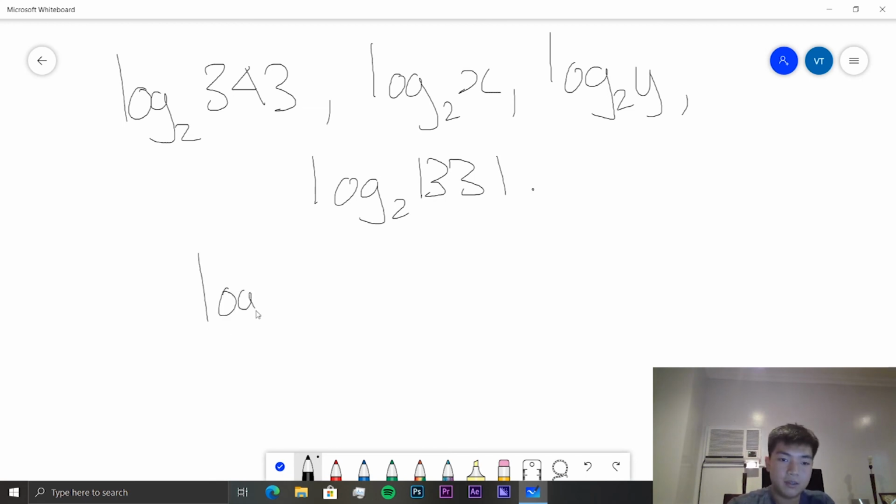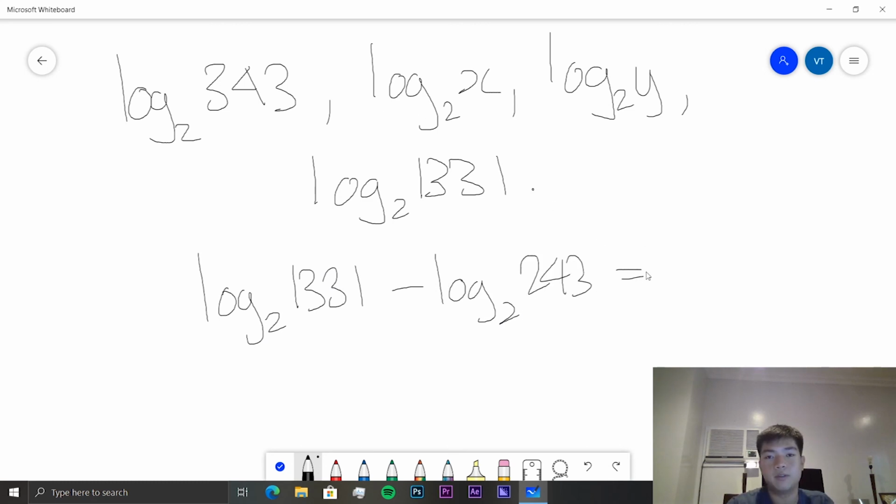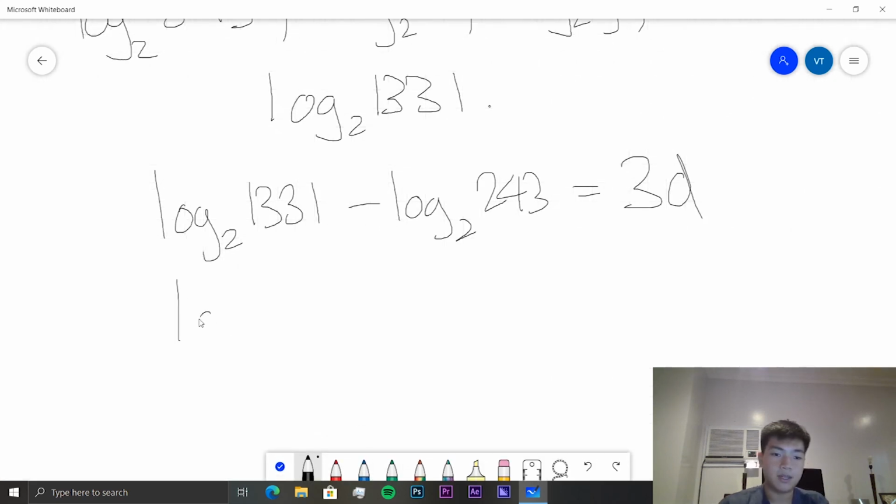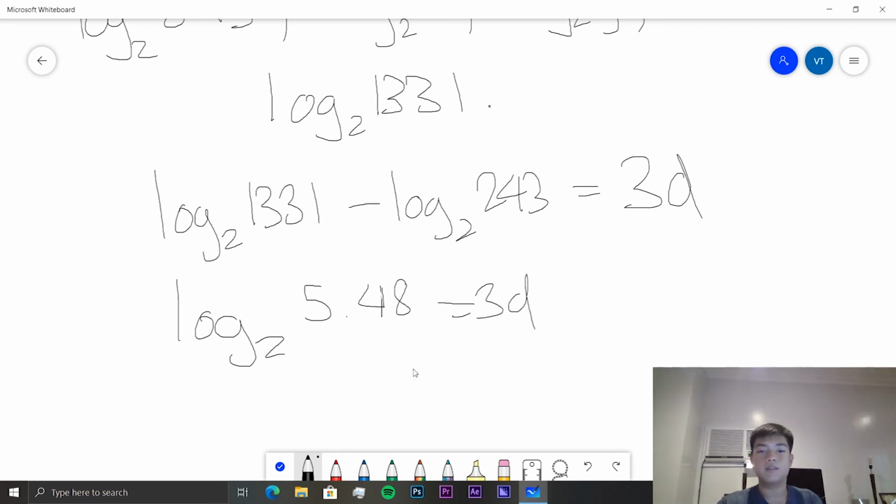So we have log 2 1331 minus log 2 243 is equal to 3 times the difference between each term. So we have log 2 1331 divided by 243, so log 2 5.48 is equal to 3 times the difference.